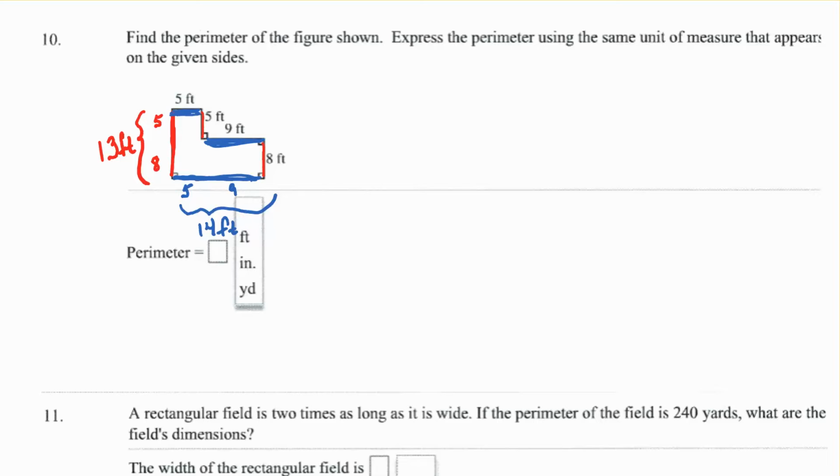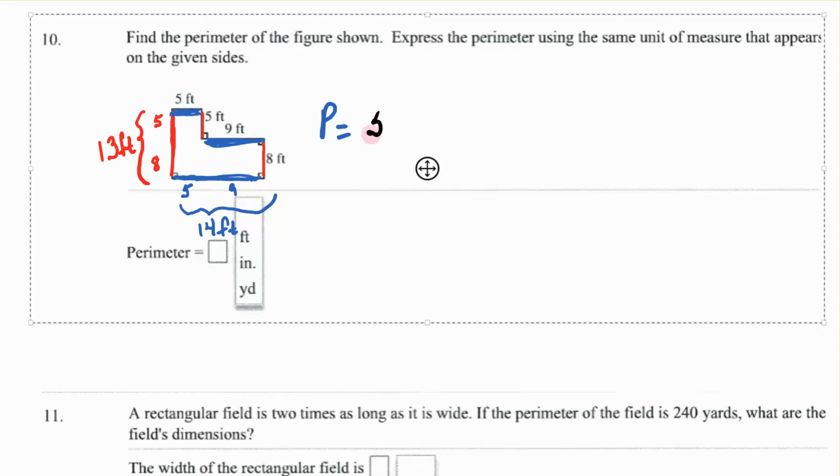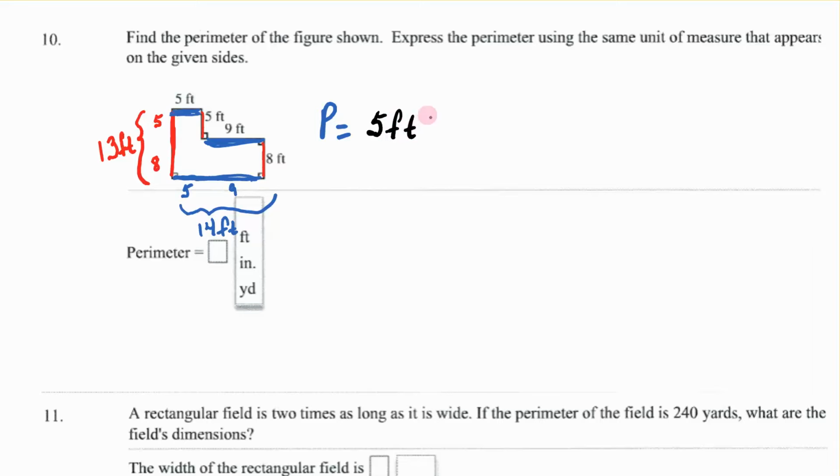Now, if I add all of the sides now, I have 1, 2, 3, 4, 5, 6 numbers to add. The perimeter is, switch back to black, 5 feet, I'm starting at the top, plus, come on down, 5 feet, plus 9 feet, plus 8 feet.